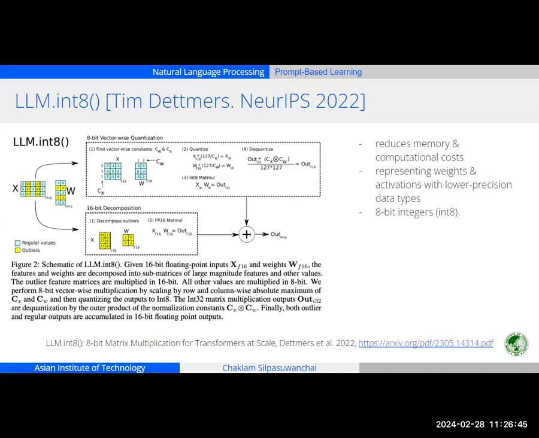But in this case, you try to change to 16, and that's the first idea that you do. But in this paper, they said that instead of using 16, you just use 8. And they said that it can keep the performance the same as 16 or 32 as well.